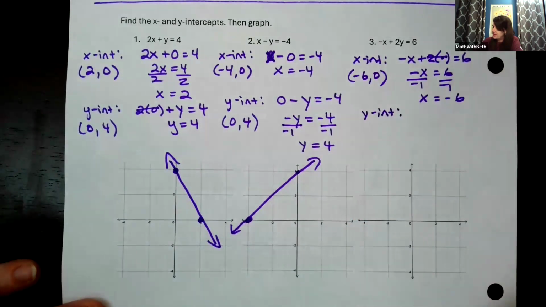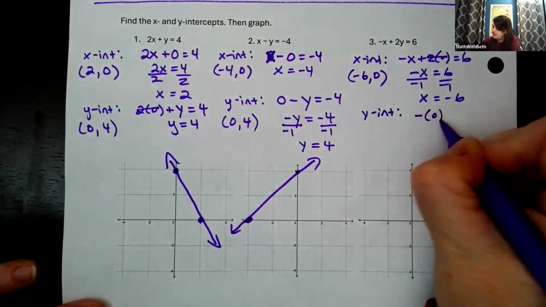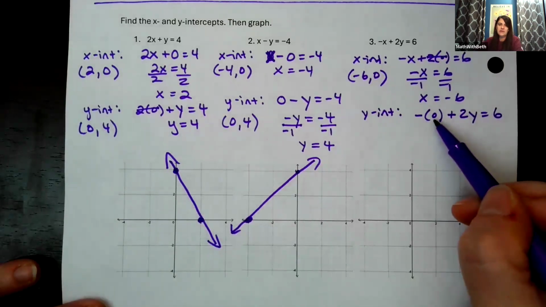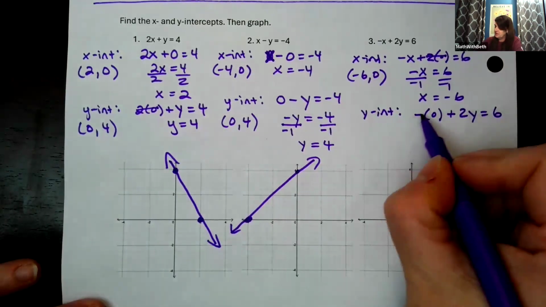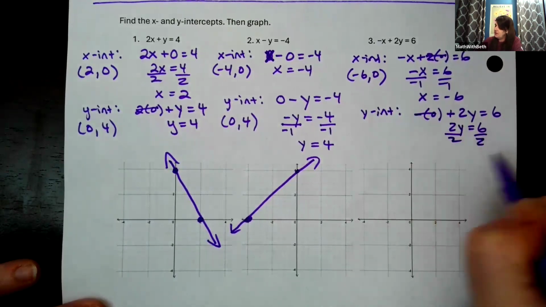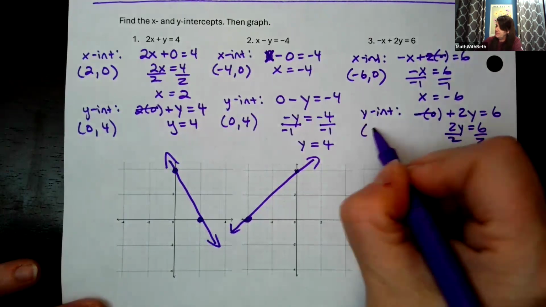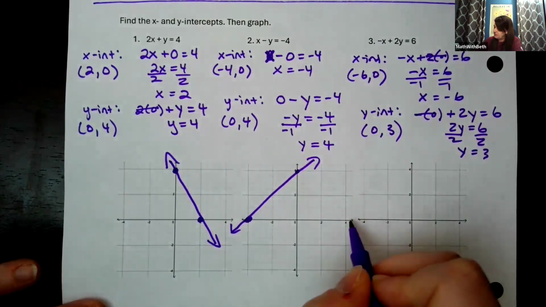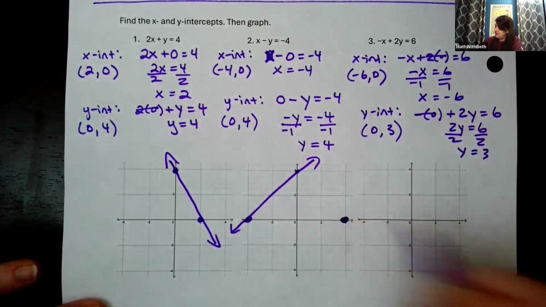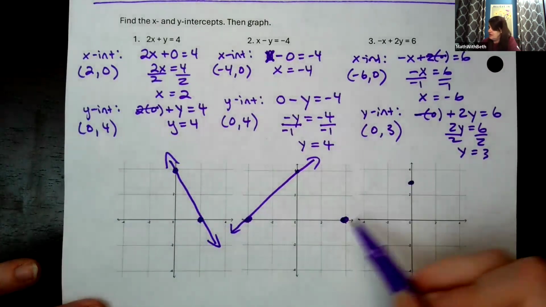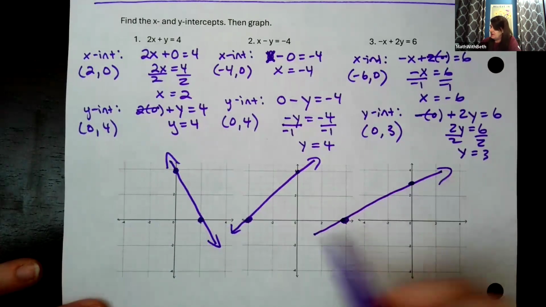For my y-intercept, plug in 0 for the x. Negative 0 is still just 0, so that's gone. So divide by 2 and y equals 3. Plot (negative 6, 0), which unfortunately is off the chart here, and (0, 3). So something like that.